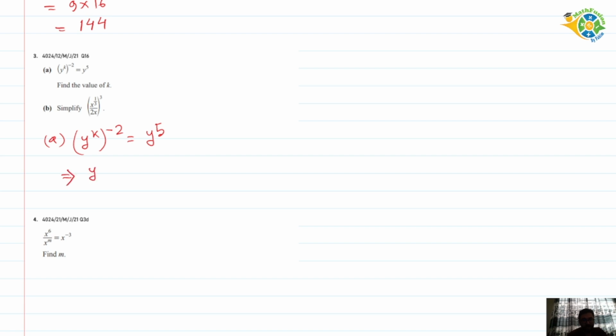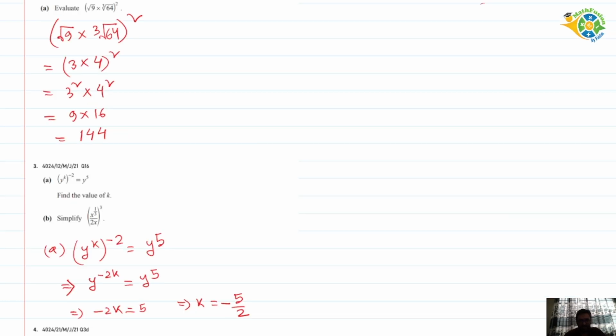So y to the power minus 2k equals y to the power 5. As the bases are equal, the powers will also be equal. So minus 2k equals 5, so it becomes k equals minus 5 by 2. So this is our answer.